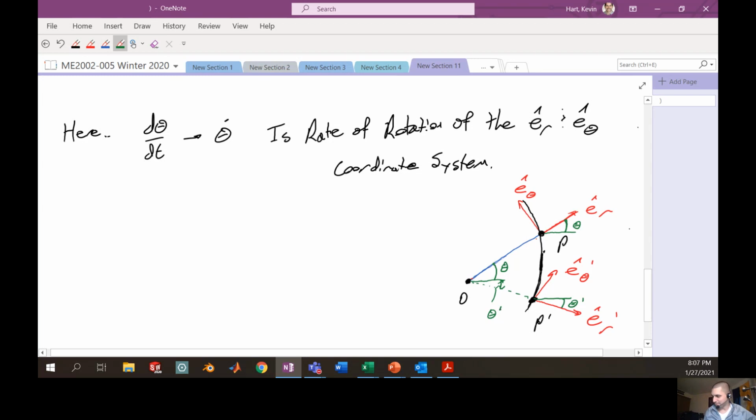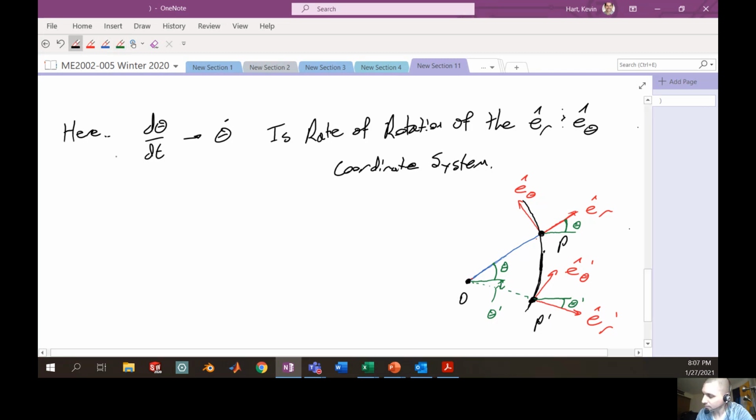So the idea is that this coordinate system, E hat R and E hat theta, is sort of rotating to E hat R prime and E hat theta prime through the same rotation angle that you sweep through, pointing back to your origin at point O. All right, it's a little bit difficult to wrap your mind around that one, but that's the general idea there.